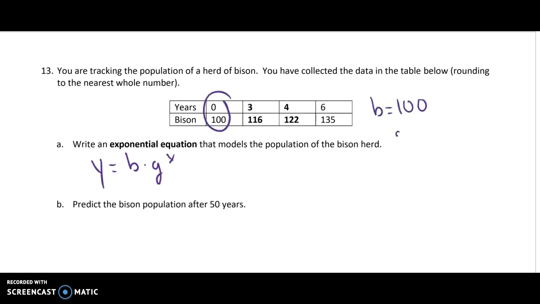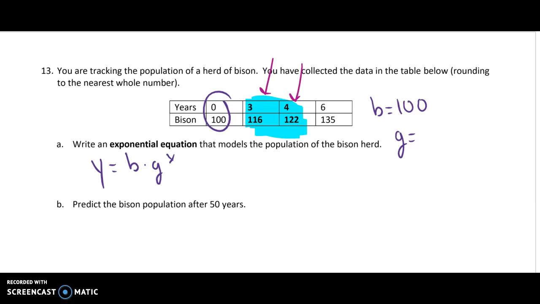And now I need to figure out what g is. So remember, in order to find g, your x's have to go up by a constant amount. And in order to be successful about finding g, I want you to notice that some of these numbers are in bold, because we've always done it where you have an x and then the one right after it. So this x is 3 and this x is 4. So I'm going to choose those two so I can see how much it's going up every year. Okay?